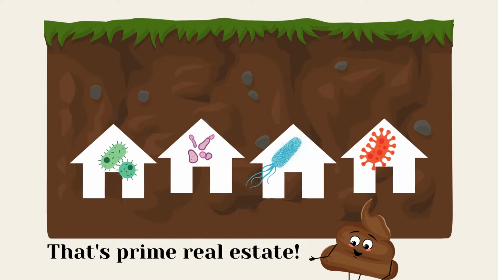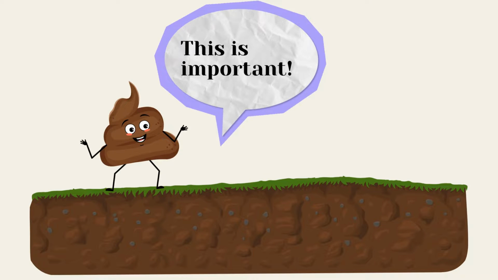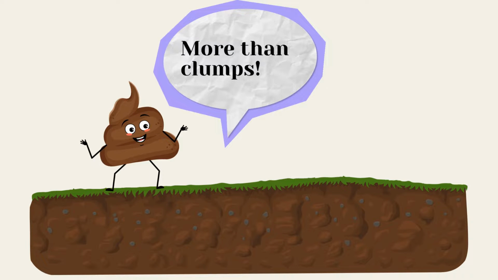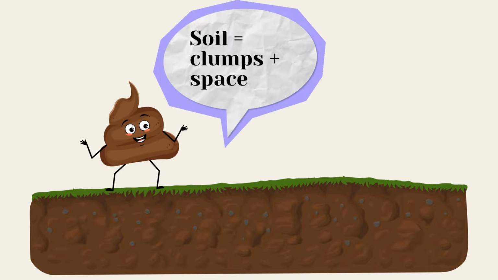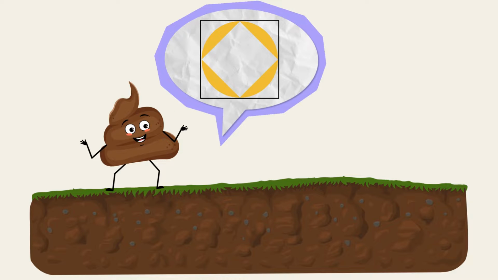Also, aggregates provide little homes for bacteria. But the other important thing is that aggregates are not just little bits of dirt all stuck together. They're little bits of dirt all stuck together with space between, because little bits of dirt are not totally square.